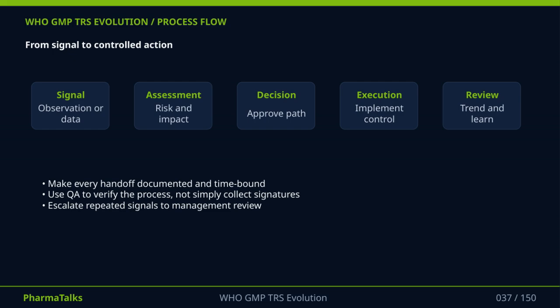Quality assurance plays an active role by verifying the process itself, rather than just collecting signatures, to maintain integrity and compliance. Finally, any repeated signals are escalated to management review, ensuring persistent issues receive the necessary attention and resolution. This structured approach helps maintain rigorous standards and continuous improvement within GMP operations.